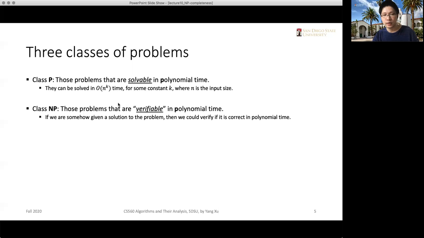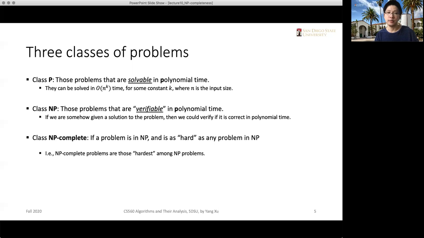That's why we have the third type, which is called NP-complete. Any problem within this type is a problem in NP, which means it can be verified within polynomial time, but it is as hard as any problem, or it is the hardest one among all NP problems.